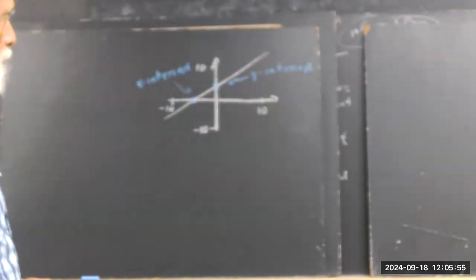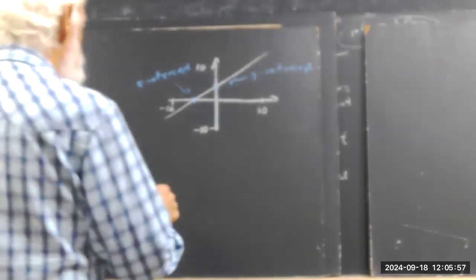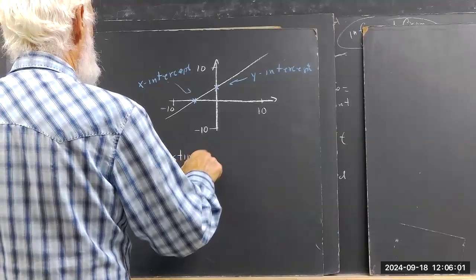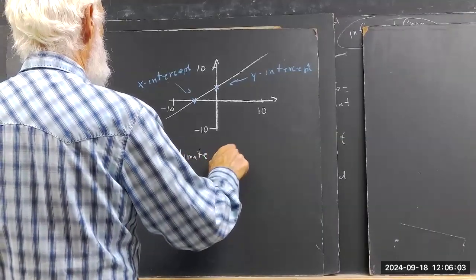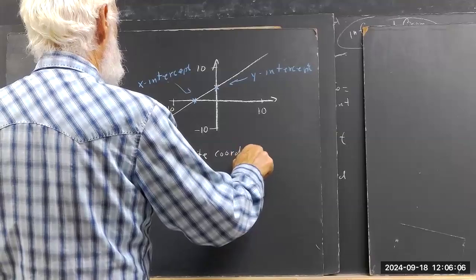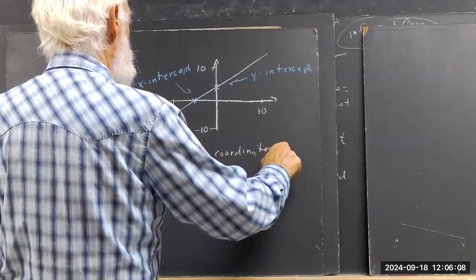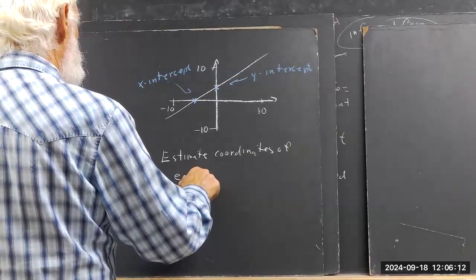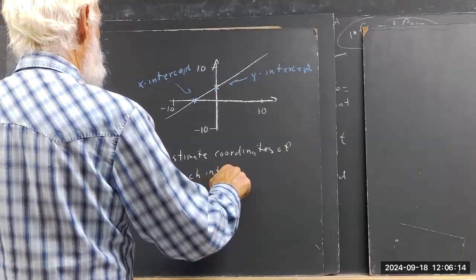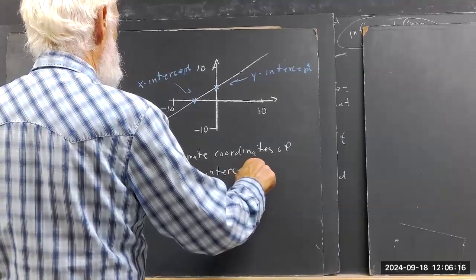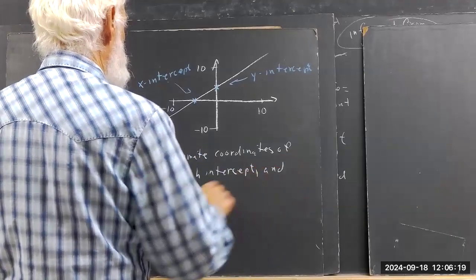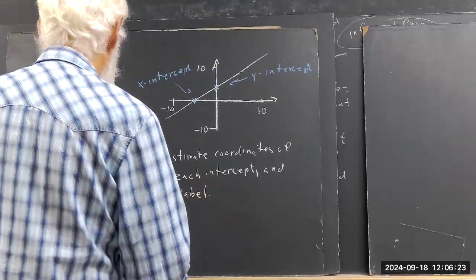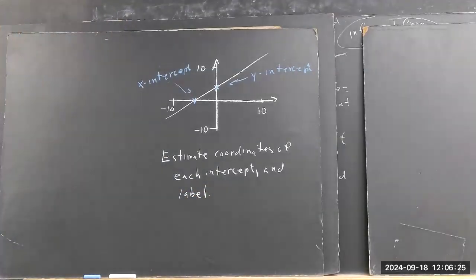Can you estimate the coordinates of each intercept and label both intercepts, the coordinates.